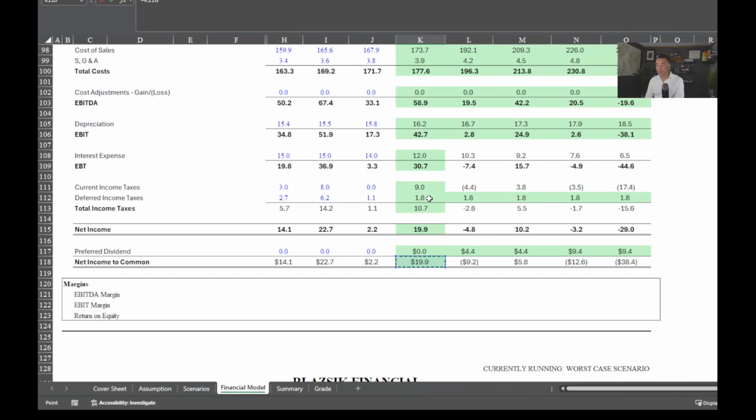A lot of students will mess this up, which will cause issues with your three-statement model. Common dividends are paid after preferred dividends are paid. So if the company made $100 net profit and we paid 100 in preferred dividends, that means there's $0 for common. It's important to see. So you have to pick net income to common. We'll bring that in.